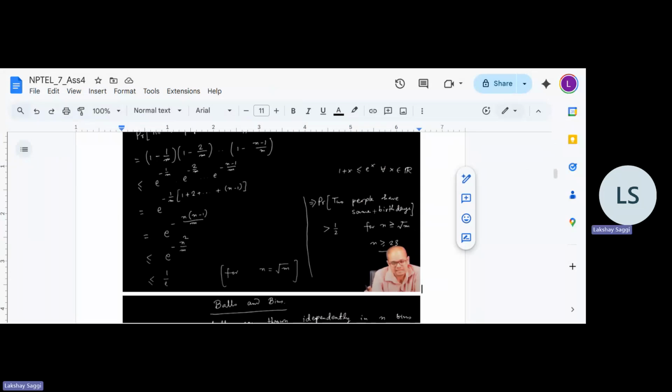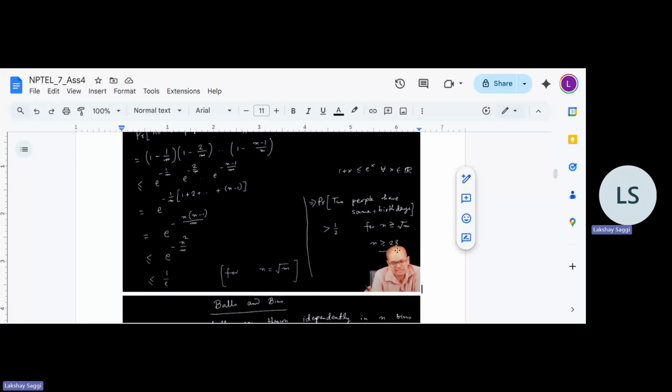This actually resolves to e to the minus n square over m, which will be at most 1 over e if we assume n to be around root m. Using some math here, we can show that for around n equal to root m, the probability that everyone has a distinct birthday is quite small.